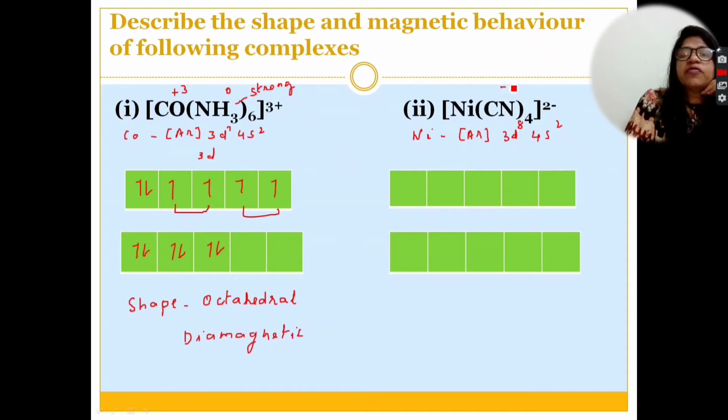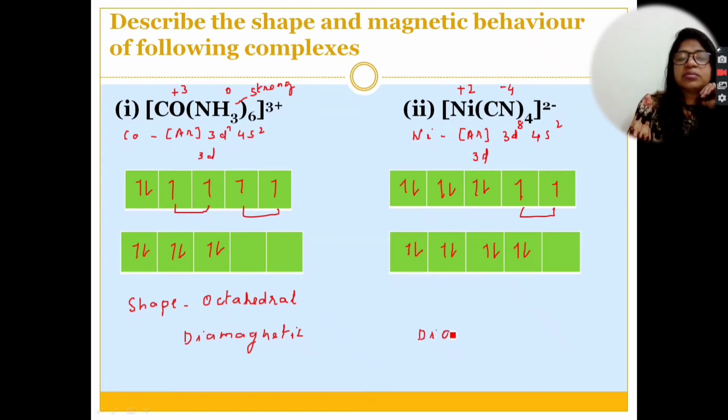CN minus 1, 4 are there, so minus 2. So Ni should be plus 2. Plus 2 minus 4 will only give you minus 2 outside. Now remove 2 electrons. When you remove 2 electrons, the 3d orbital will have 8 electrons. CN is a strong ligand, so these two will pair. Now the magnetic nature is what? Diamagnetic, because no unpaired electron.